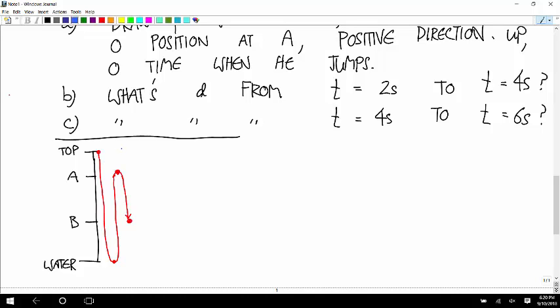Okay, our 0 time is right when the person jumps, so the numeric label here is 0 seconds. 2 seconds later than that, the person touches the water, so this point here has a time label of 2 seconds. 2 seconds after that, the person's up at point A, so what would the time label be at this point? 4, yep. And then 2 seconds later, they're at B, so this is 6 seconds.